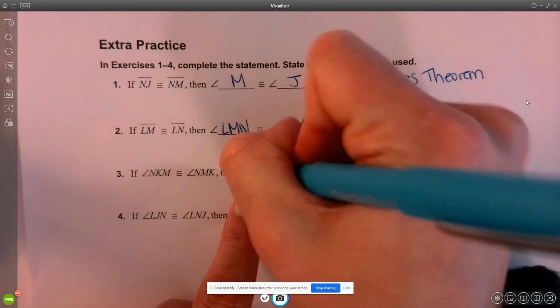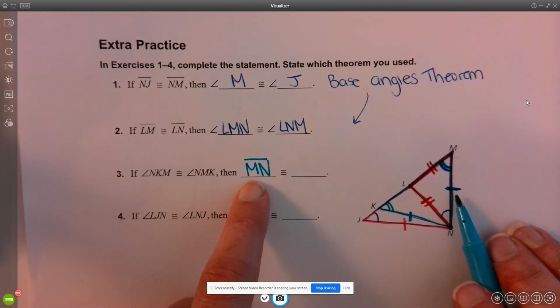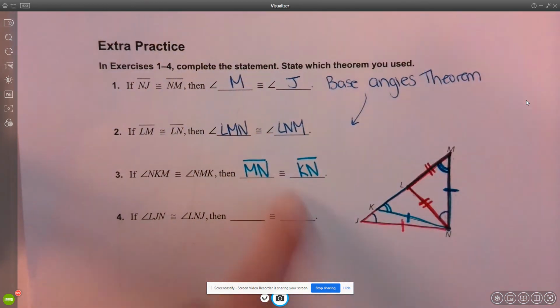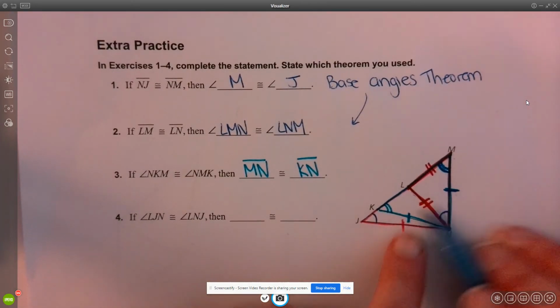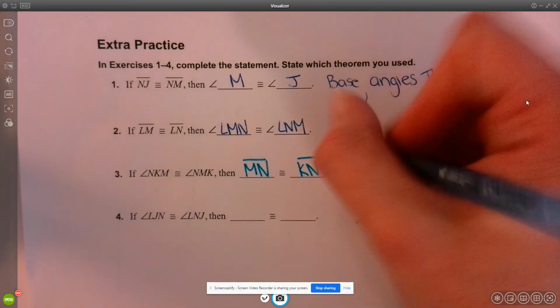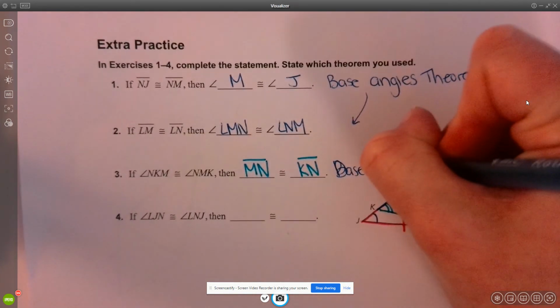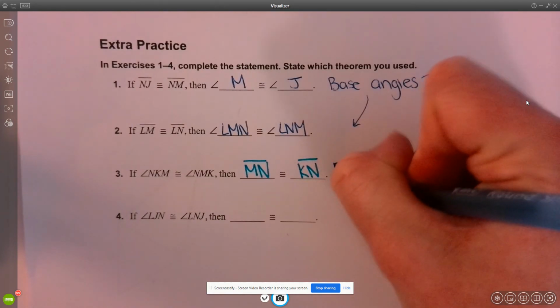So line segment NM must be congruent to line segment KN. And this time, we knew the base angles were congruent, which told us which sides were congruent. So we were using the base angles converse.